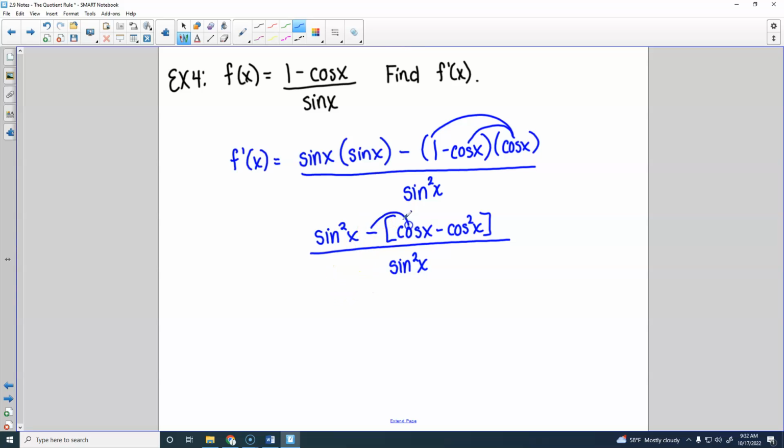And then if I distribute this negative, I've got sine squared x minus cosine x plus cosine squared x over sine squared x.